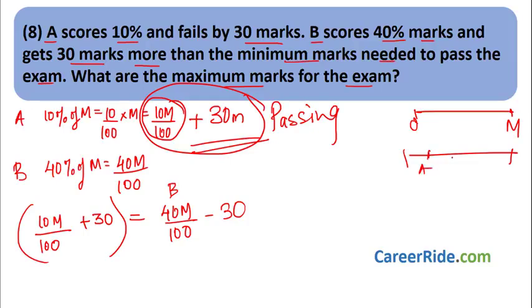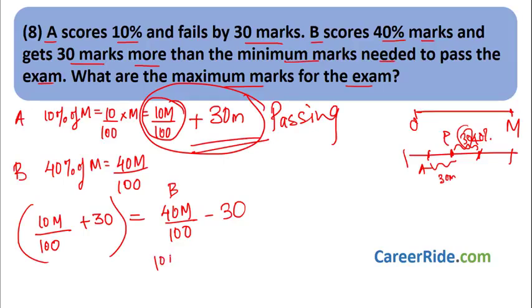Over here, A got 10% and 30 marks less. B got 40% and 30 marks more. So if we remove 30 marks from B's 40%, B will get passing marks, and if we add 30 marks to A's marks, A will get passing marks, both would be equal, right? So what do we get over here?